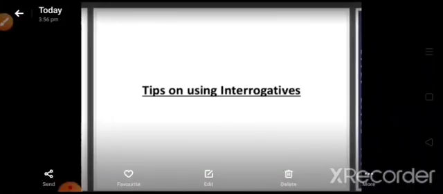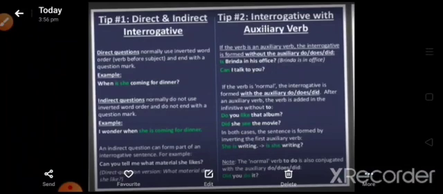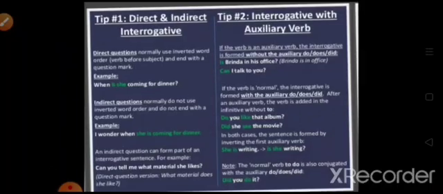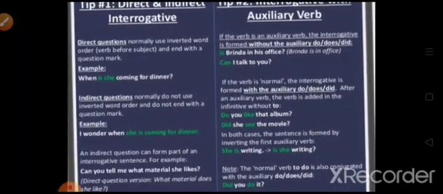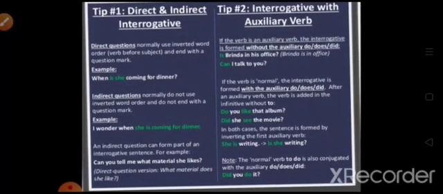Tips on using interrogatives. How to use the interrogative. Tip 1, direct and indirect interrogative. It means direct questions normally have inverted word order: verb before subject, and end with a question mark.